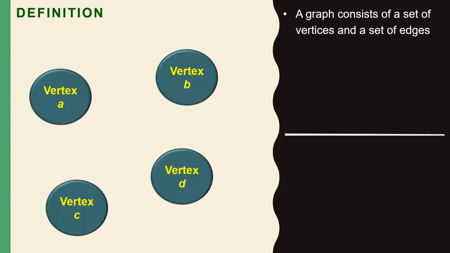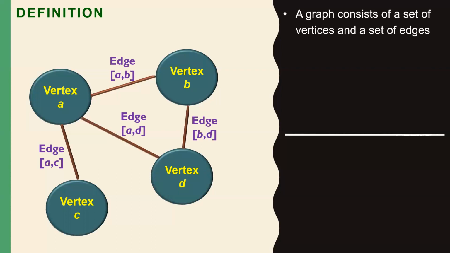If you look at the picture on the left, vertices are usually denoted by dots or by circles, and the set of edges are just links or lines joining these vertices. Some will label them as an ordered pair containing the vertices that they are joining together. And the collection of the set of vertices and the set of edges is our graph G.